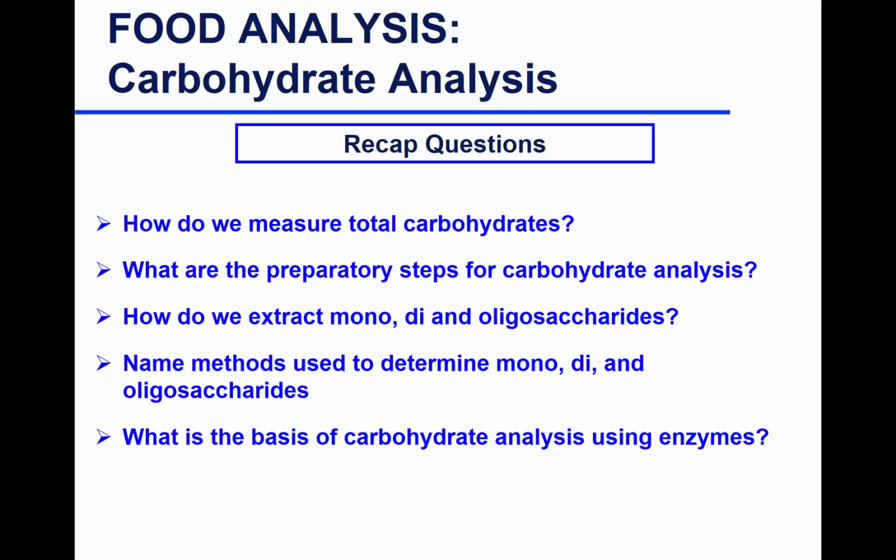And then it's basically a spectrophotometric based method. So you will select specific enzymes for specific conversions where you can monitor changes in absorbance, either increase or decrease. So that is the basis of these carbohydrate methods.